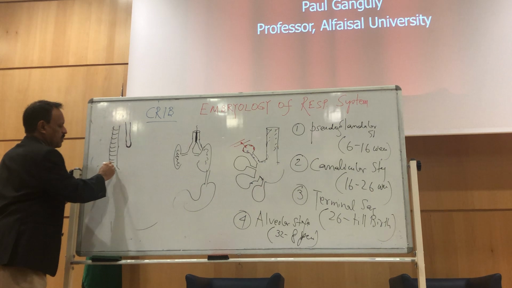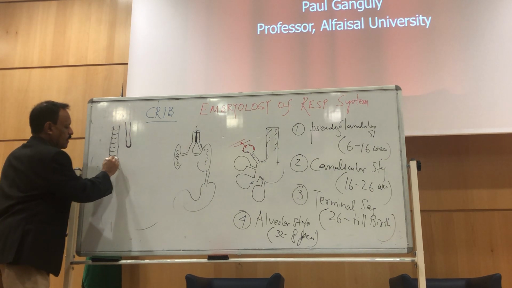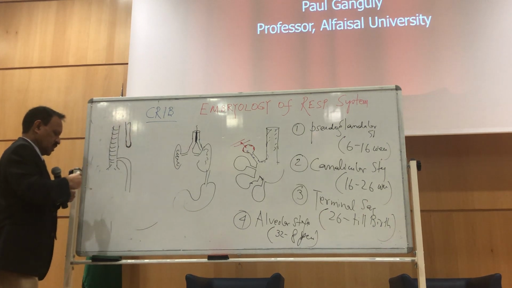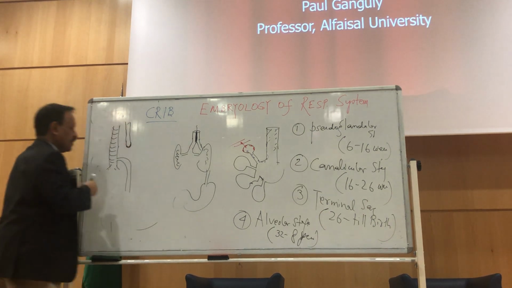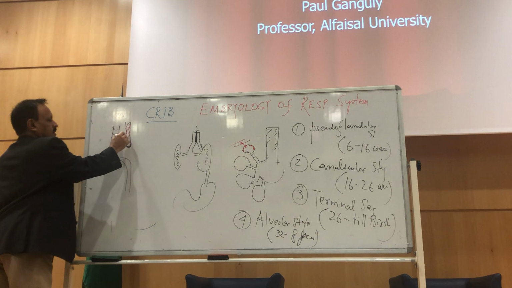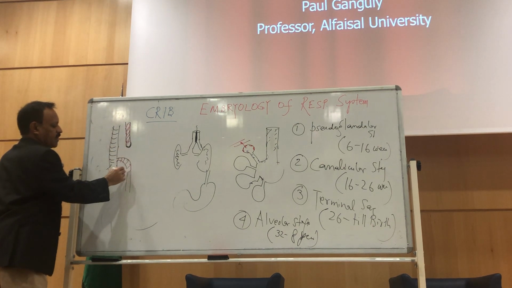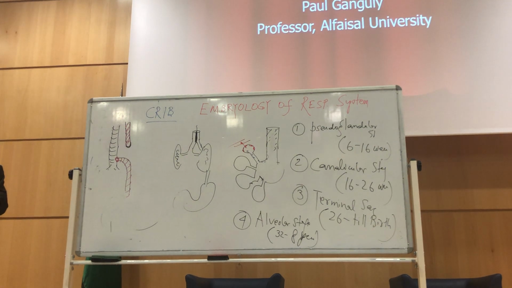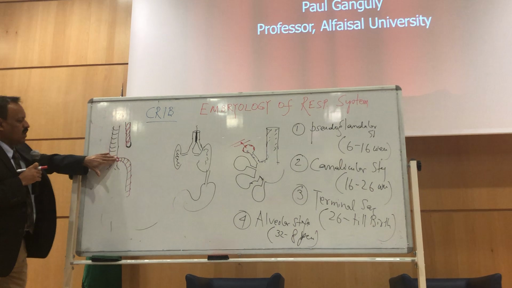Trachea and the bronchus over here. I put the red color over here. See what is happening. This is the esophagus and this is the esophagus. So here is the fistula. You got it? This is the tracheoesophageal fistula. The trachea and esophagus did not separate out.